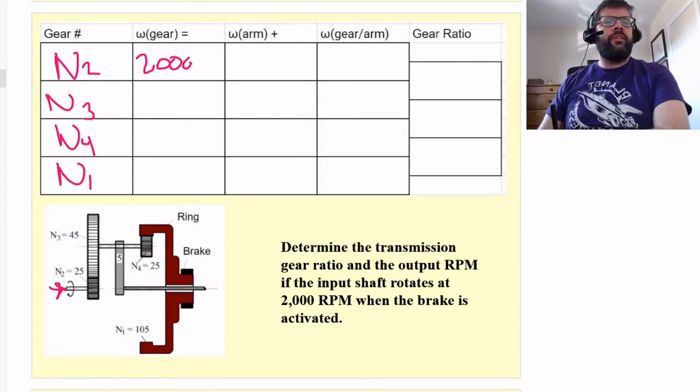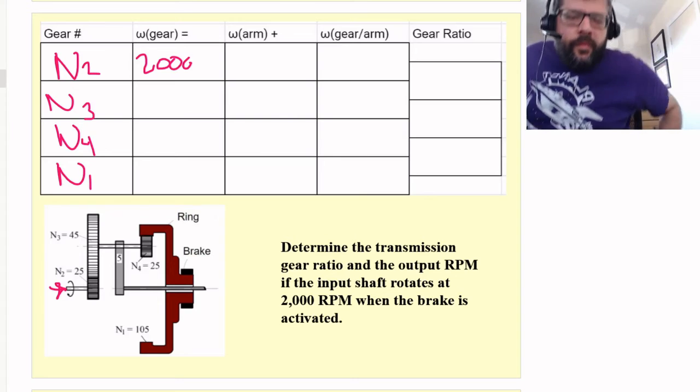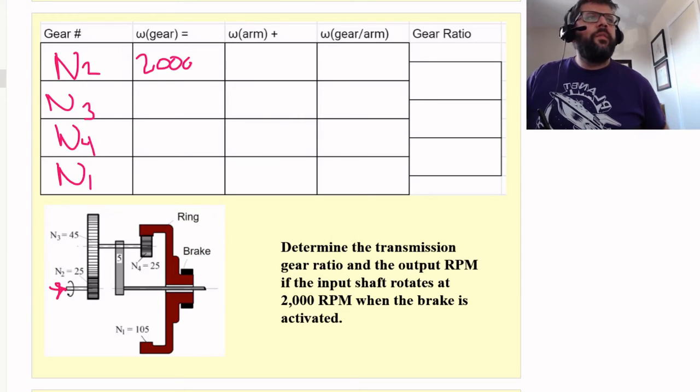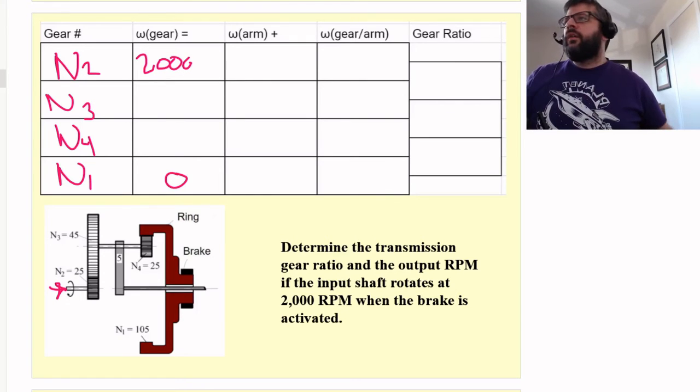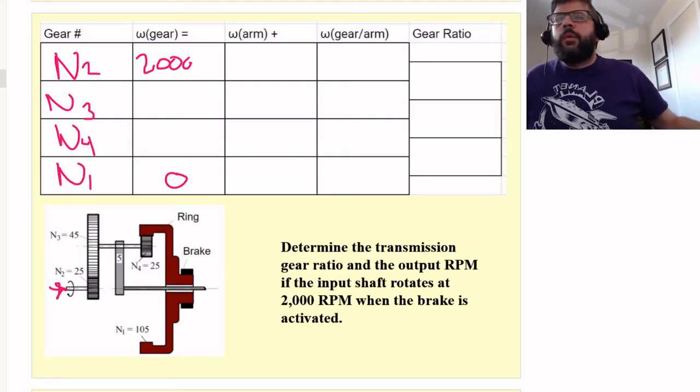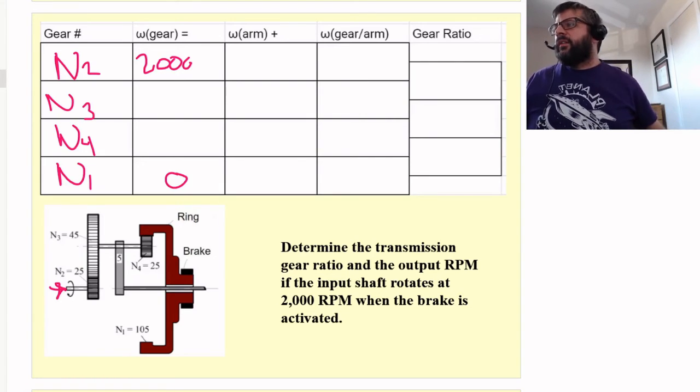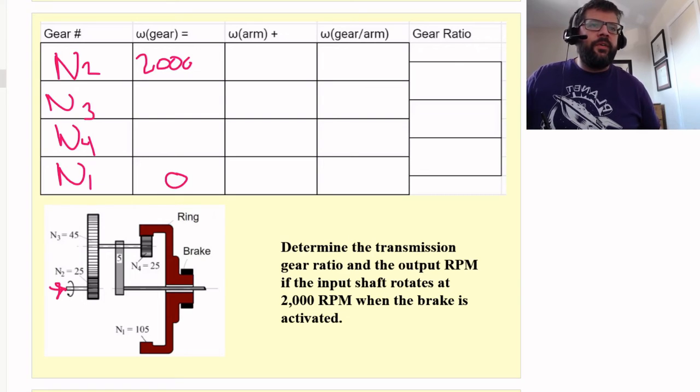If the brake is activated, then we know that the ring is not rotating at all. So if the ring's not rotating at all, that's N1, so that's 0. What we're trying to find out here is this output, that's connected directly to the arm.